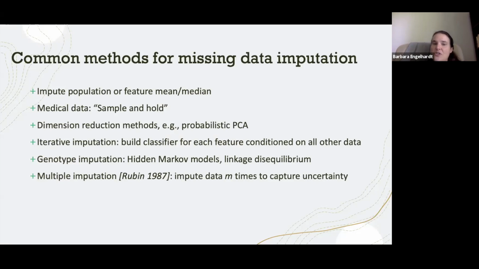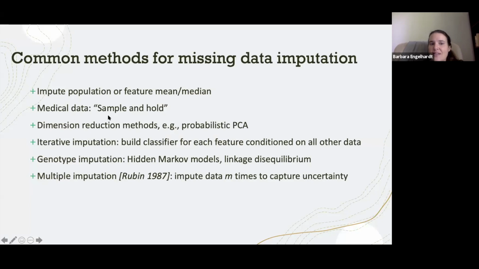For a particular feature, you compute the mean or the median of the non-missing data, and you set all of the missing values to that mean or median value. Very simple, but obviously, as mentioned, it really changes the feature distribution sometimes, and is often just not representative at all. No variation is included, so it's very naive, but sometimes it actually works quite well.